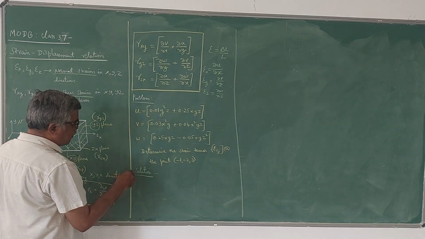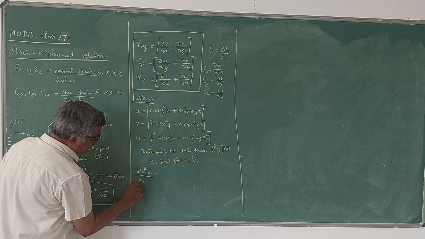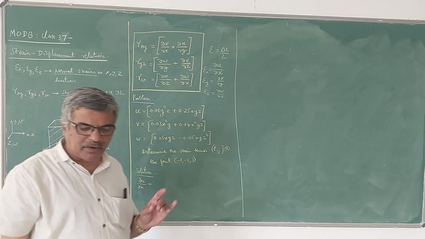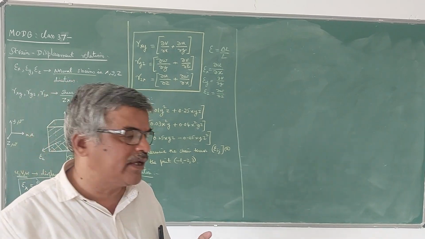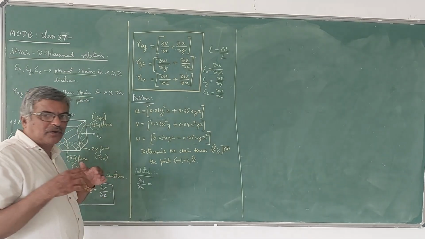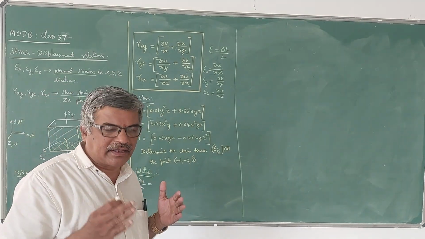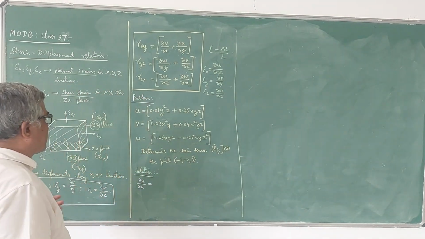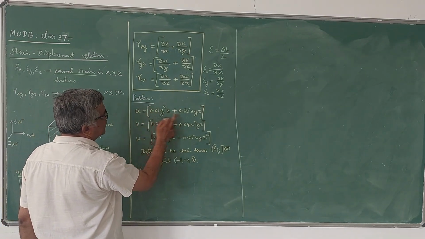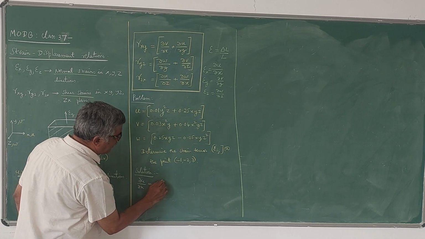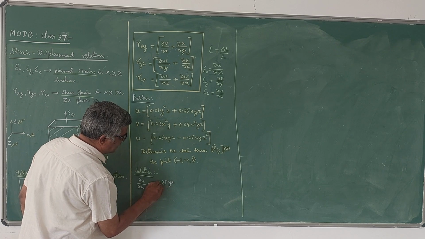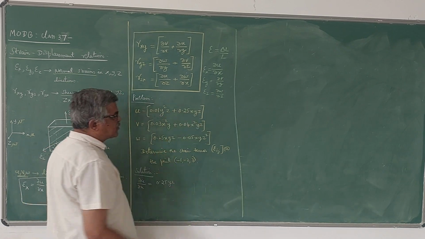u is given like this. What I do here is, first I will write all the 3 derivatives. I will differentiate u partially with respect to x, then with respect to y, then with respect to z. When you are differentiating partially with respect to x, y and z are treated as constants, and similarly for the others. So ∂u by ∂x: this becomes a constant, only this term will be there, 0.25 yz, because y and z are treated as constants and the derivative of x is 1.